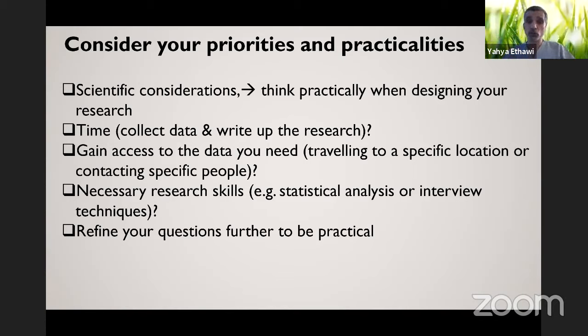Now, when you consider your priorities and practicalities, you consider your time. For example, if you are a fellow and you have 1 year, you cannot do a study that needs 3 years. Also, the ability to collect the data. Do you need to travel to a certain location? Do you need to contact specific people? Do you have resources? Do you have the necessary skills?